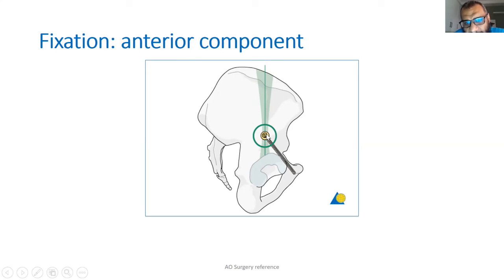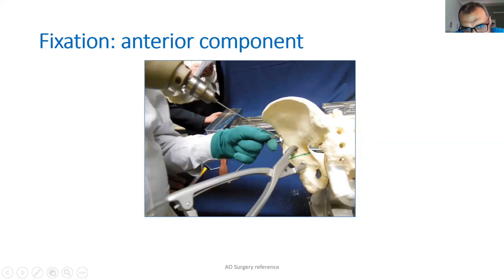And you aim to the intramedullary canal of the symphysis pubis. So we start at this line, at the greater sciatic notch level, and it's a bit more anteriorly, more than you think.